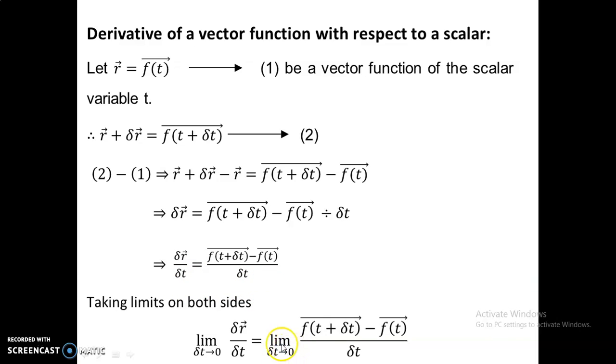Then this gives the limit of delta r by delta t as delta t approaches 0 equals the limit of f of t plus delta t minus f of t by delta t as delta t approaches 0. Here f of t is the vector function of a scalar variable t.